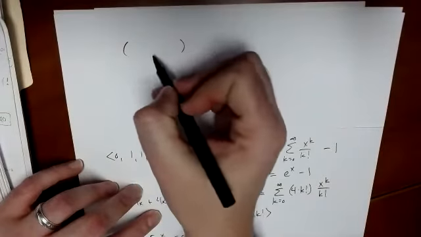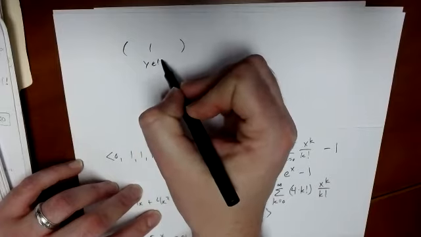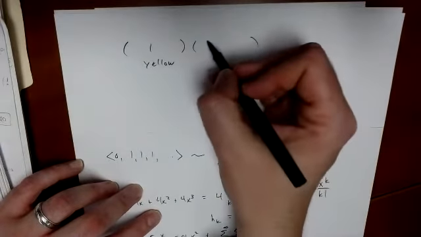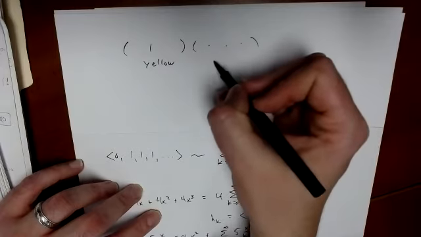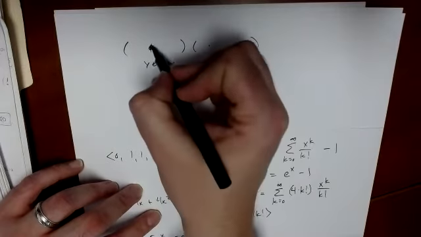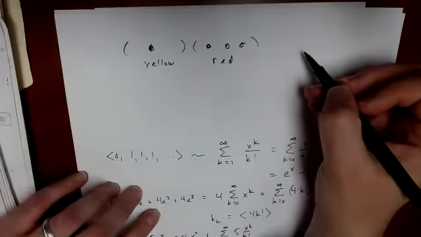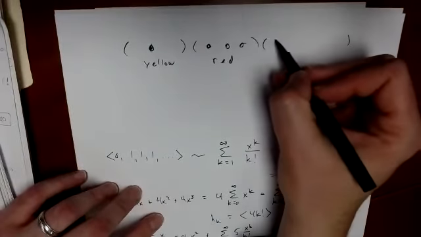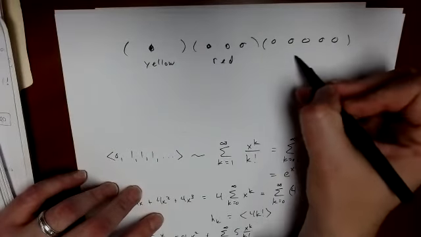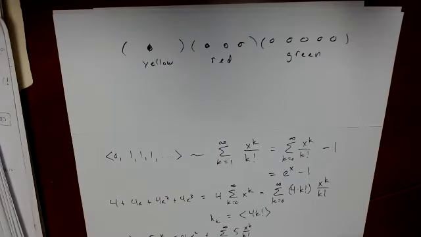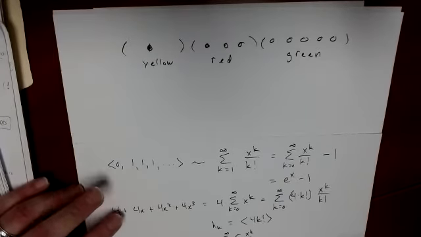So if you have a bag containing one yellow ball, three red balls, and five green balls, how many arrangements of K balls are possible?